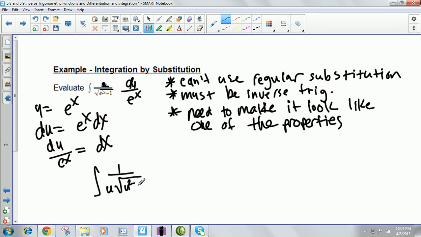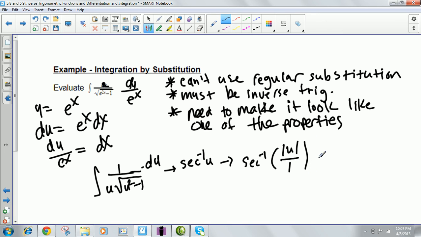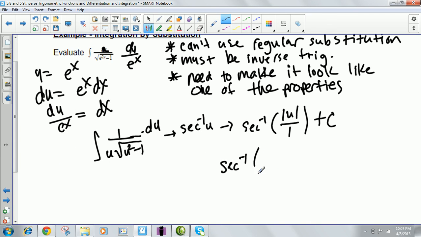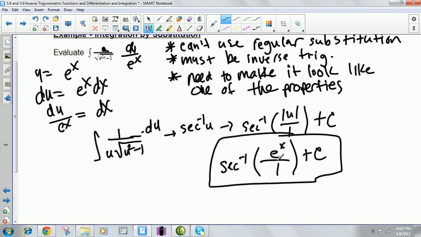So we're going to have to do a little bit of u substitution there, and then when we do that, you'd end up with the integral of 1 over, now you're going to get rid of the dx and make it du over e to the x, and remember u is e to the x, so it's just going to be u, which is e to the x, times the square root of, now e to the x is u, so e to the 2x is u squared, then you would have minus 1, times the du. That should look somewhat familiar.